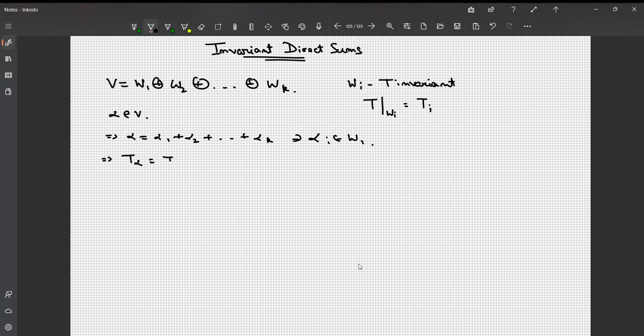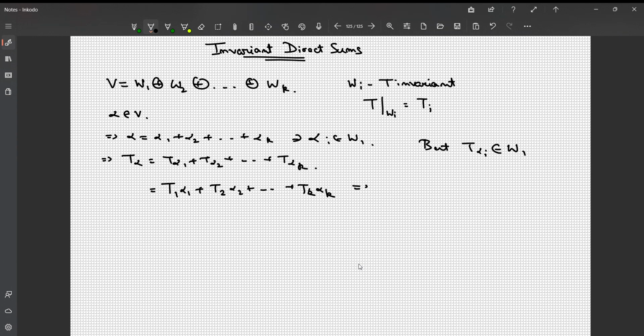T of alpha is T of alpha 1 plus T of alpha 2 and so on till T of alpha k. But each Wi is T invariant, so T of alpha i is necessarily in Wi. And since we have denoted the restriction of T on Wi by Ti, we can write T alpha as T1 alpha 1 plus T2 alpha 2 and so on till Tk alpha k.